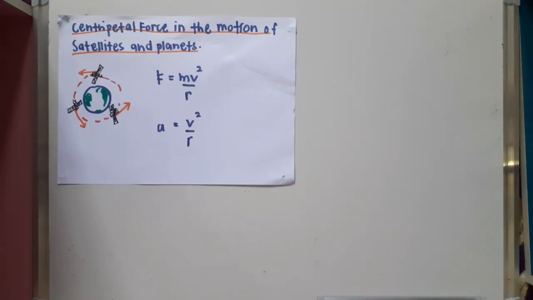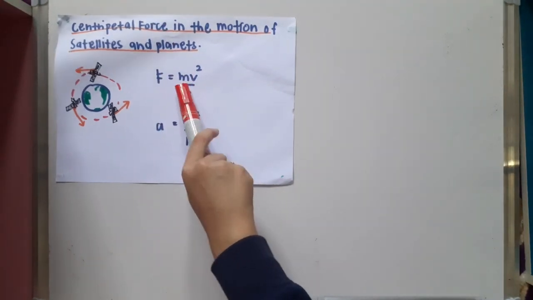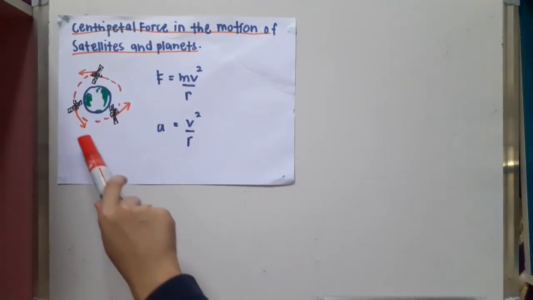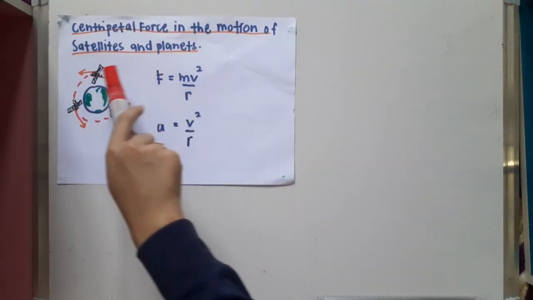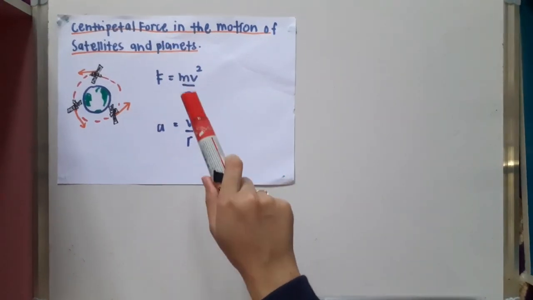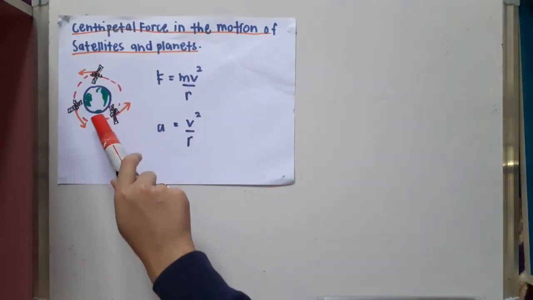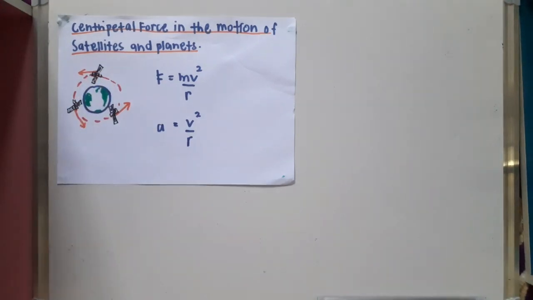Okay class, so the formula for the centripetal force is F is equal to mv squared divided by r, where F is centripetal force, m is the mass of the object that moves in a circular motion, v is the velocity of the object, and r is the distance between these two objects, for this example, between Earth and satellite.